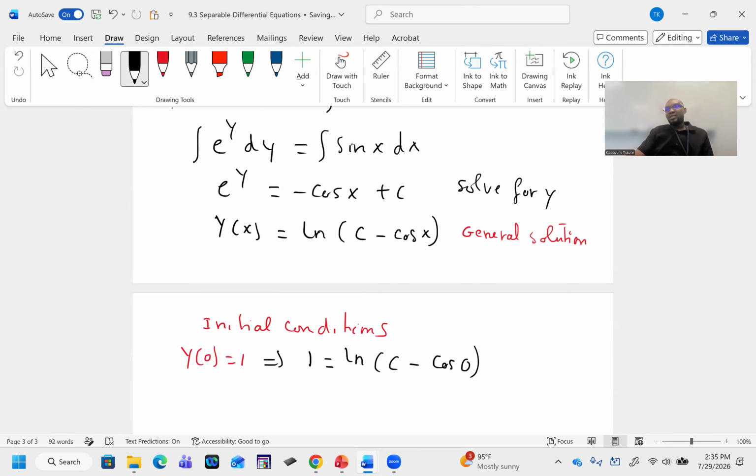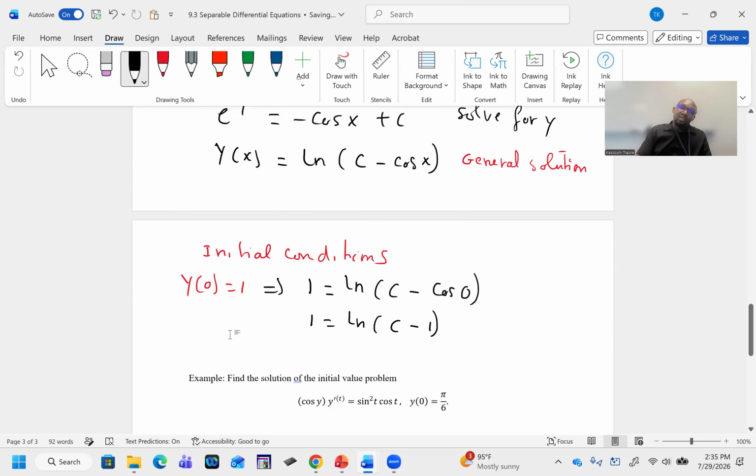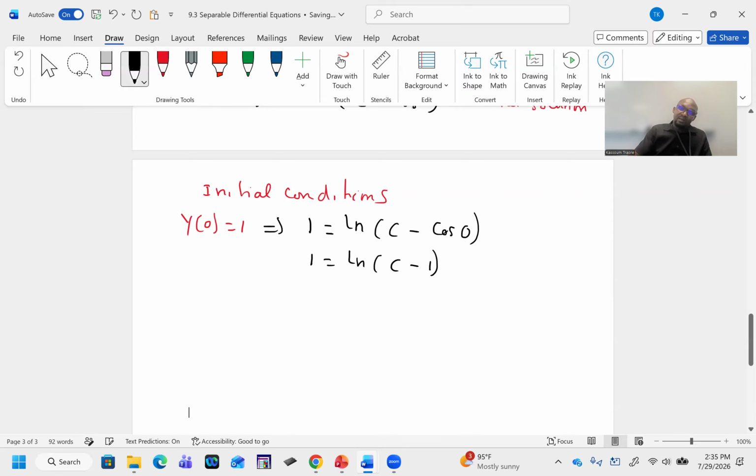Cosine of 0 is 1. So this means 1 will be equal to ln of c minus 1, right? And then we apply exponential on both sides. So we'll have e will be equal to c minus 1. So which means c will be equal to e plus 1.